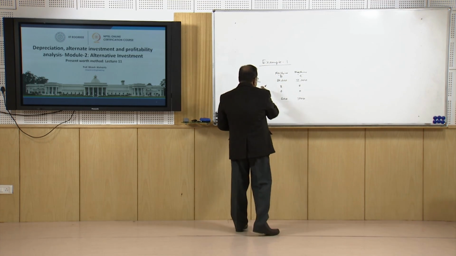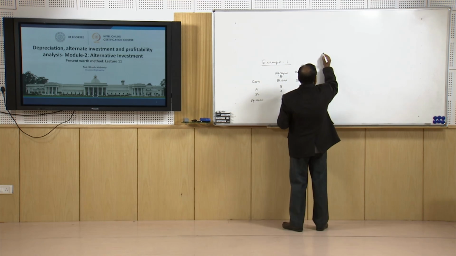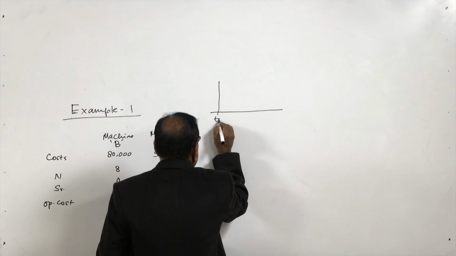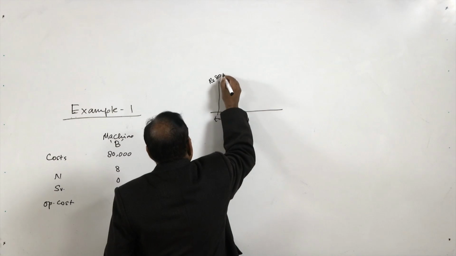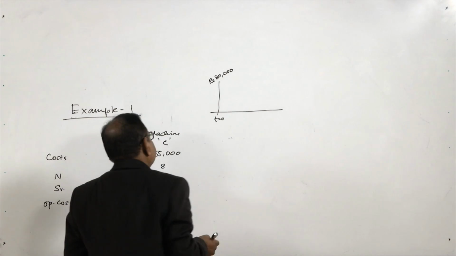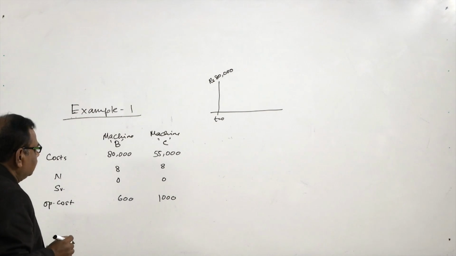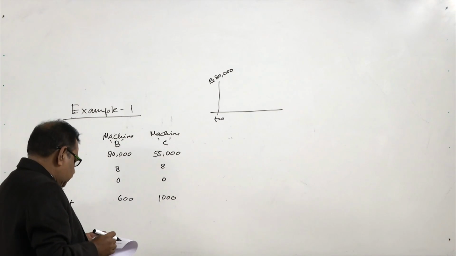Now, the costs are basically put in the 0 line. That means, for machine B at t equal to 0, I will invest rupees 80,000. Similarly, for machine C at t equal to 0, I have to invest 55,000.